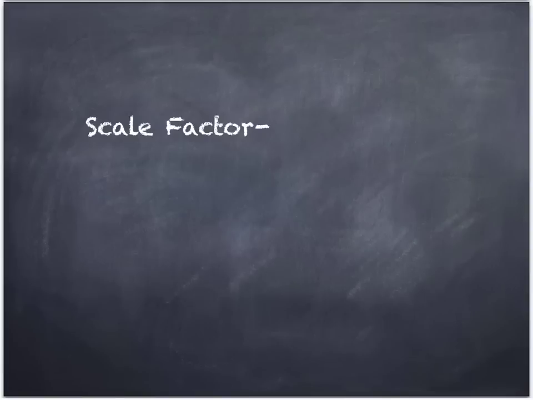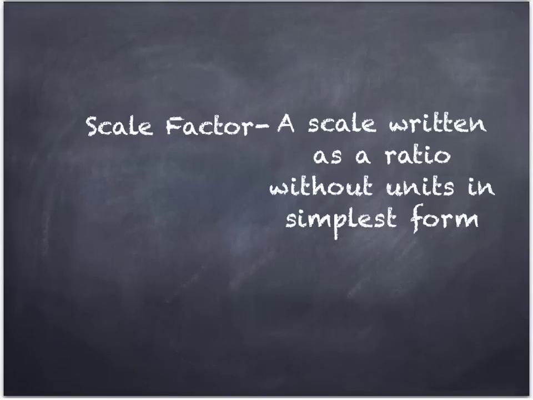The next thing that we need to talk about is a scale factor. A scale factor is a scale written as a ratio without units in simplest form. So it's a ratio, but instead of having inches and feet, you're not going to have 2 different units. You have 1 unit.